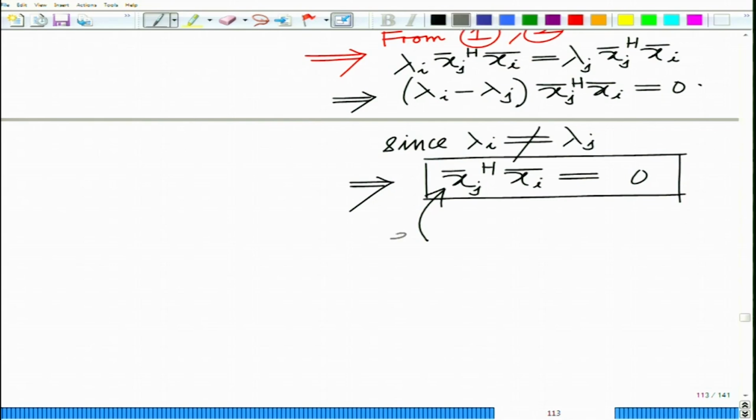Okay, let me just mention this: eigenvectors corresponding to distinct eigenvalues are orthogonal, that is what I meant to say.